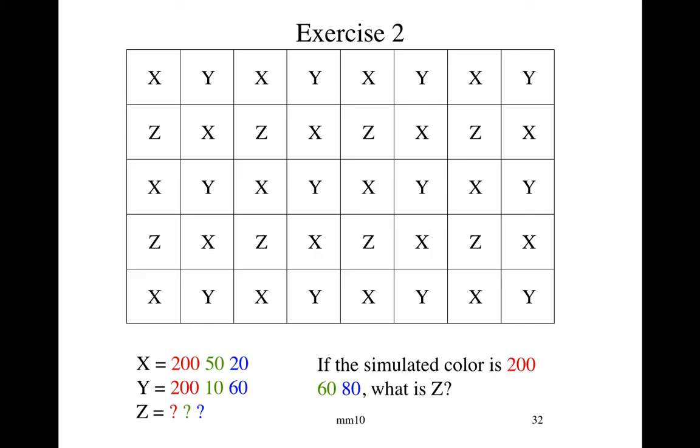Okay, here's a harder one. So we're simulating 260-80. And two of the colours we have in the pattern are this and this. What then is the missing colour? That's not so easy. Again, it's just weighted averages, but the weighted average is the answer. So the question is, what's the question?